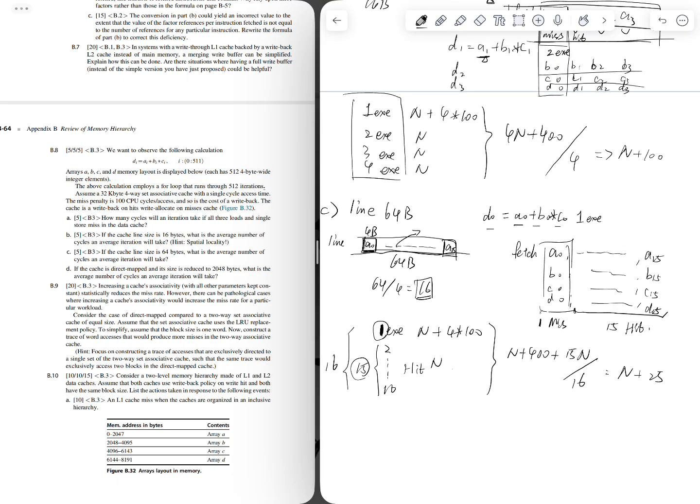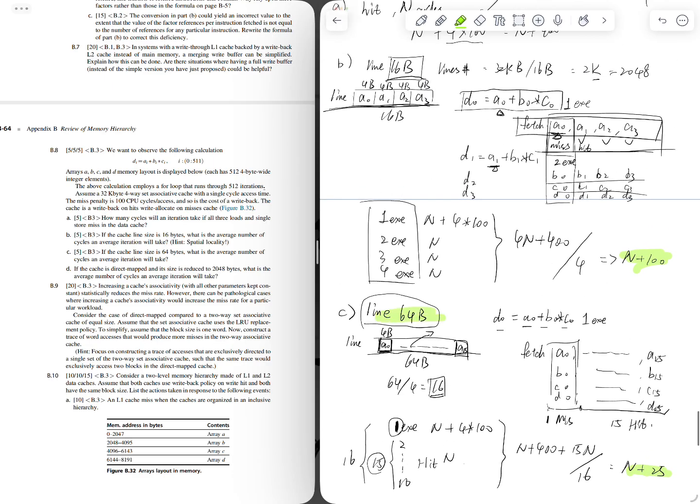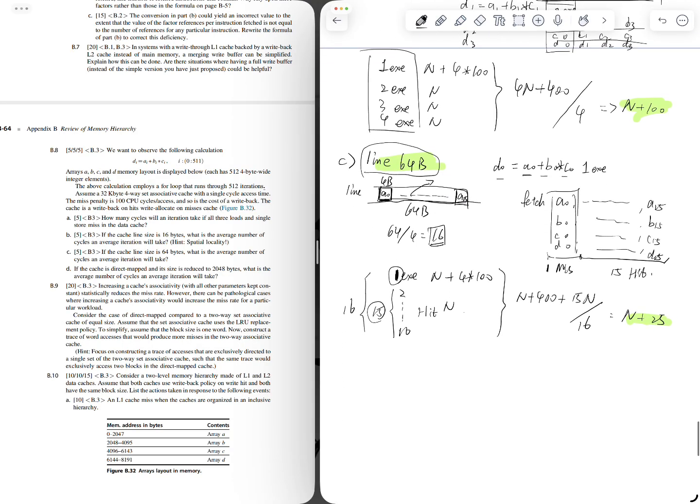This is when a line has 64 bytes, and previously it was 16 bytes. We are doing nearly the same thing, but you need to know that when I fetch, I fetch a whole line, not just a single word or single piece of data, because our line is big enough.